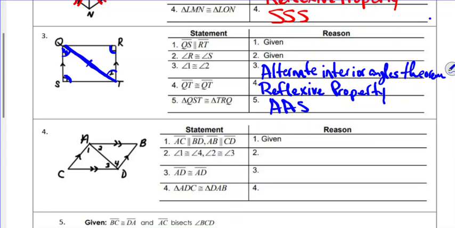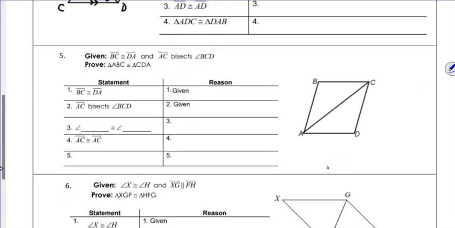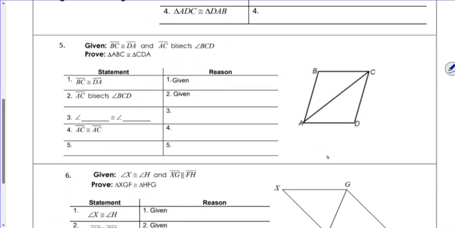I'm going to skip around a little bit and have you come back to anything that I don't complete here. I'm going to do number 5. So my given information is that BC is congruent to DA. I'm going to mark that. And AC bisects angle BCD.